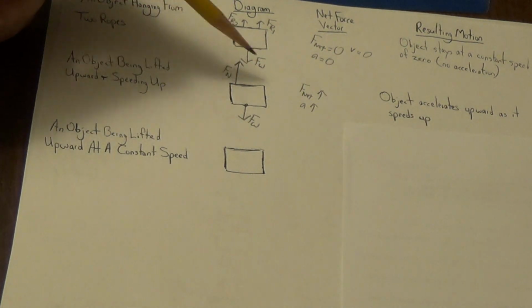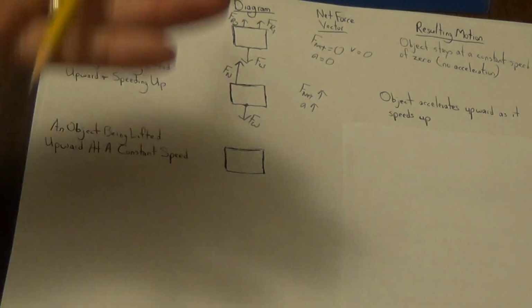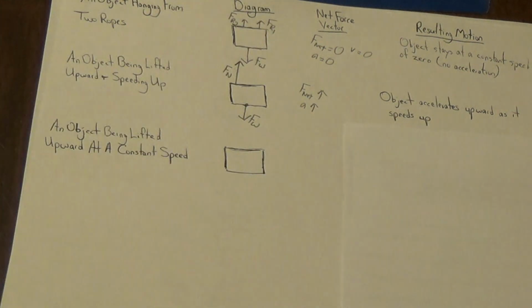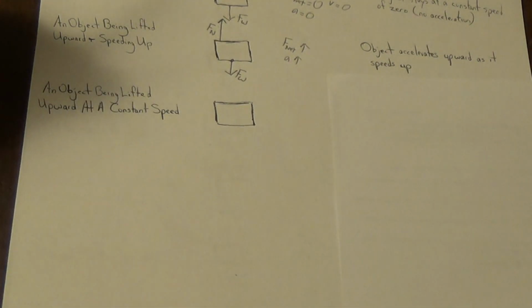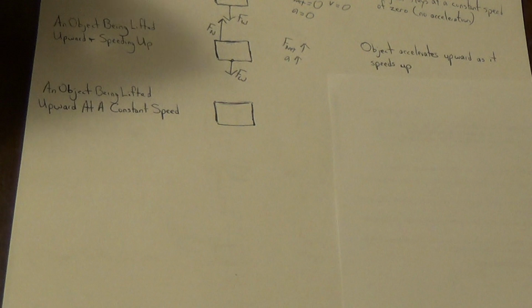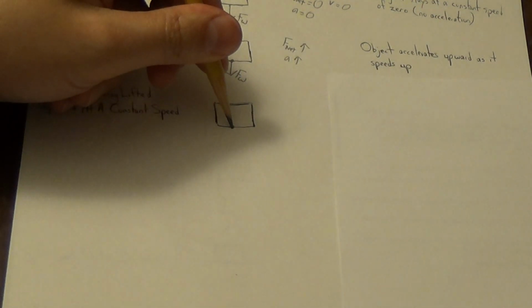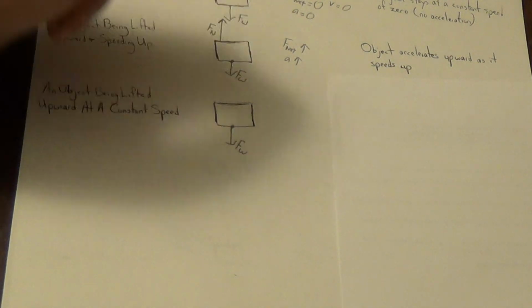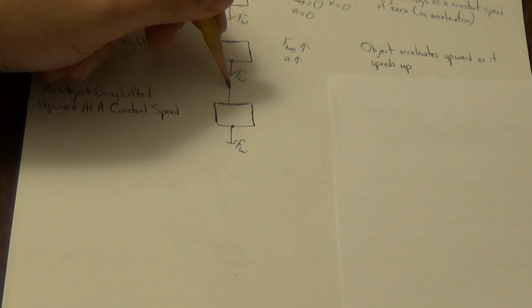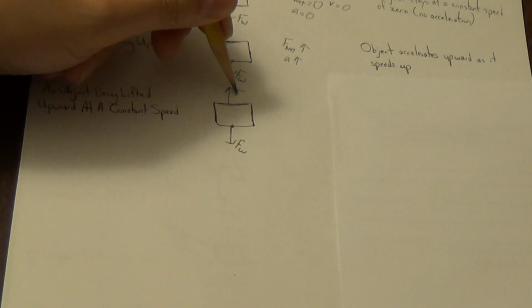Now, let's imagine that once you get it going, you just lift it at a constant speed. Well, if you lift it at a constant speed after you've already got it moving, then it's not accelerating. And remember, the only way to have no acceleration is for any forces on it to be equal and cancel out. So when it's moving at a constant speed, you've got the force of your weight pulling down, you've got that normal force pushing up.